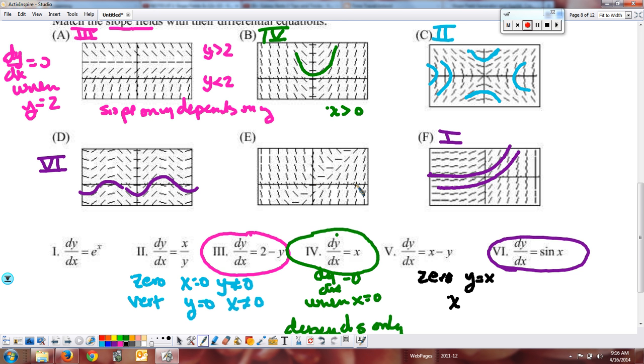When x is bigger than y, you should have a positive slope, in all of this fashion. But when x is smaller than y, you should have a negative slope. So you notice here's your y equals x line. And if y is bigger than x, notice all of this is negative slope. And then down here, all of this is positive slope, and that matches our part 5. So the idea is you just work your way through, and you're really going to see most of these in the matching section.